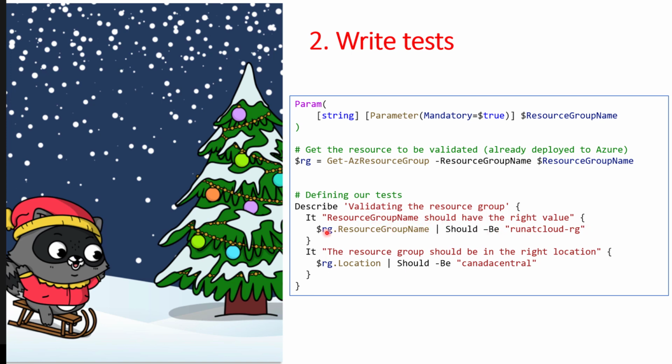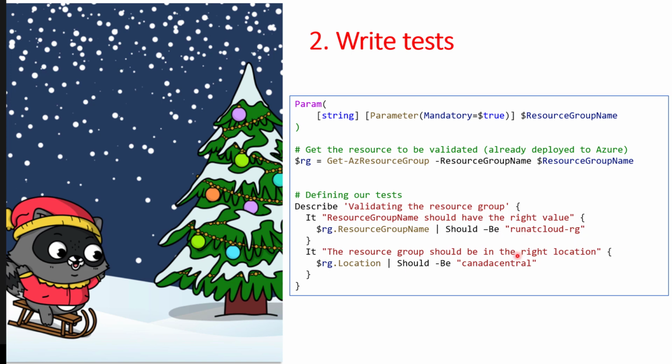How do we validate that? On that resource group object that represents the resource group that is deployed on Azure, we'll check its resource group name property, and it should be that value.